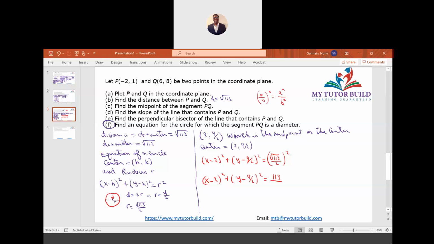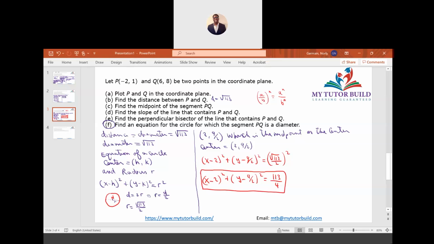So square root of 113 squared gives us 113, and 2 squared gives us 4. We can leave it like this, or we can divide 113 by 4. This is the equation of the circle for which the segment PQ is a diameter.